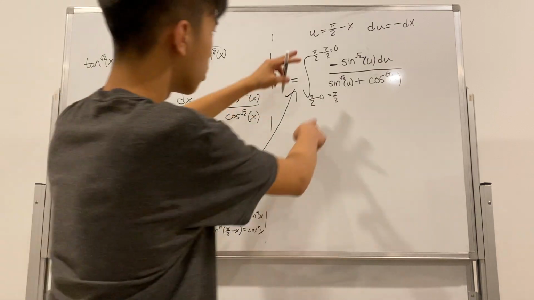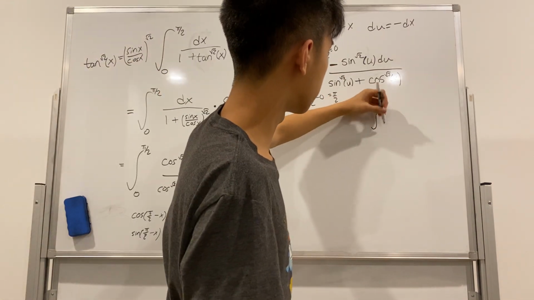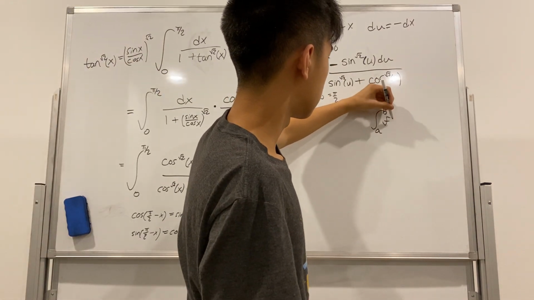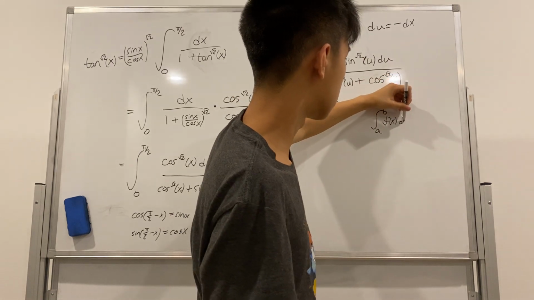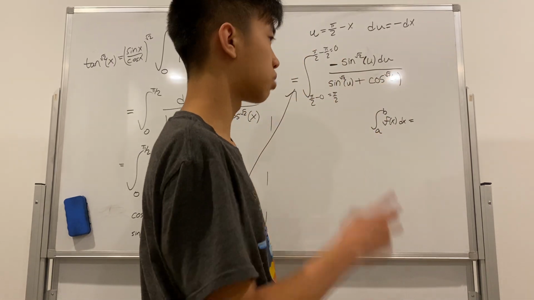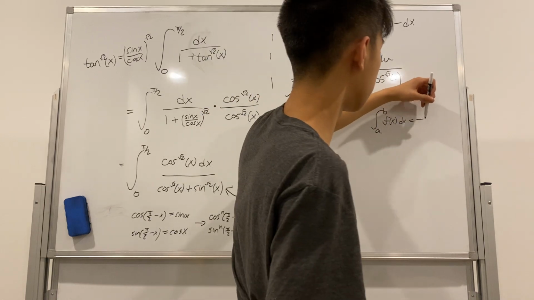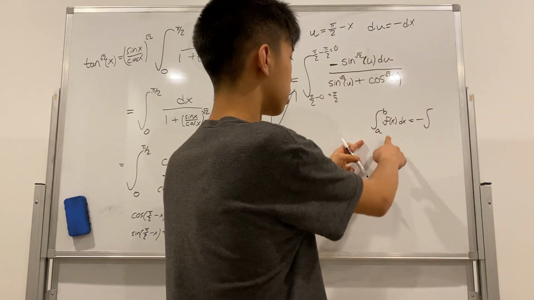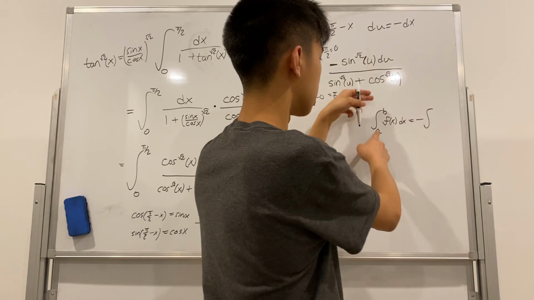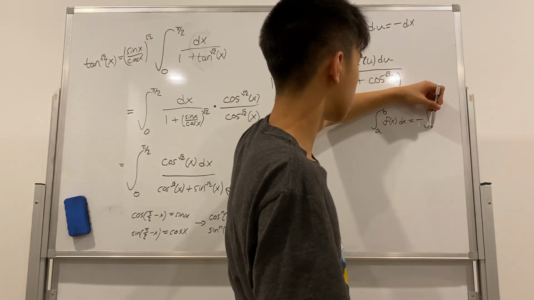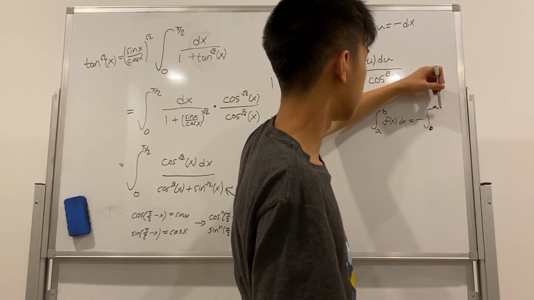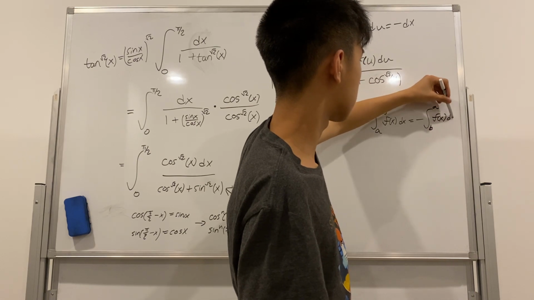Now we can do a simple integral transformation here. We know this property from calculus that if you flip the bounds of an integral, it becomes the negative of itself. So we have b here, a here, f of x dx.